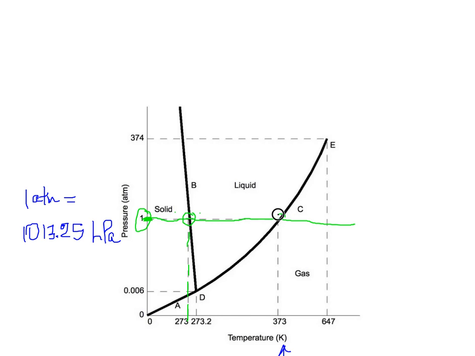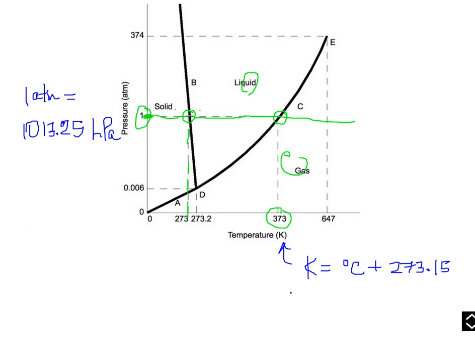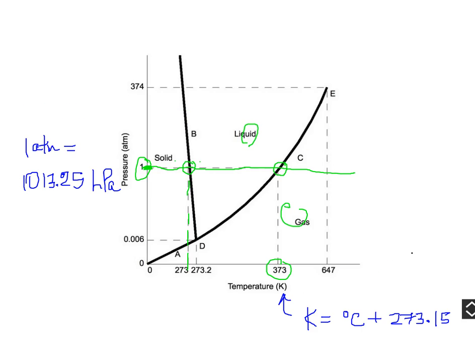And then over here, what you can see is the second transition that we talked about, the so-called boiling point transition, where we move from the liquid phase to the gas phase, and that occurs, as you can see here, at 373 Kelvin, which corresponds to essentially 100 Celsius when you take off the conversion factor that I was talking about down here.